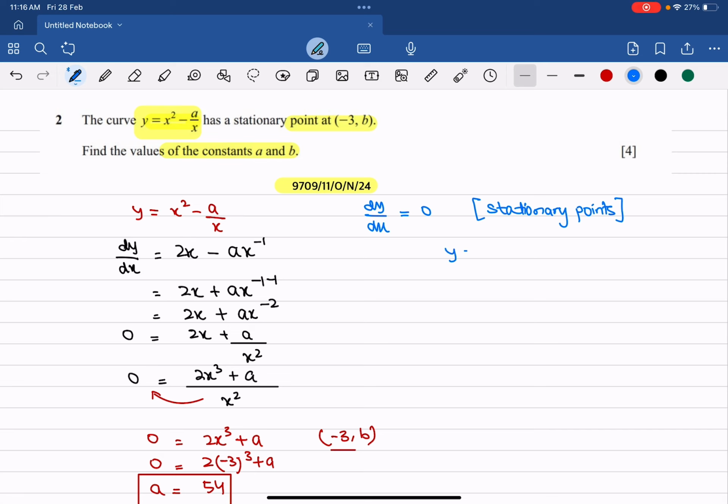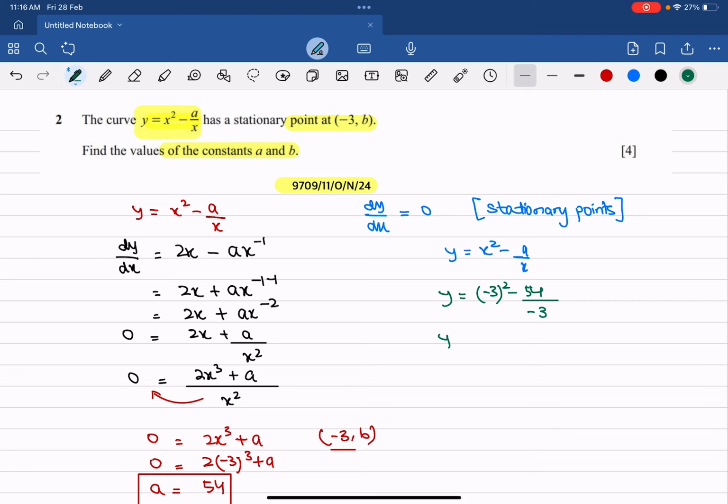The equation was y is equal to x squared minus a over x. So y is equal to minus 3 the whole thing squared, minus 54 over minus 3.